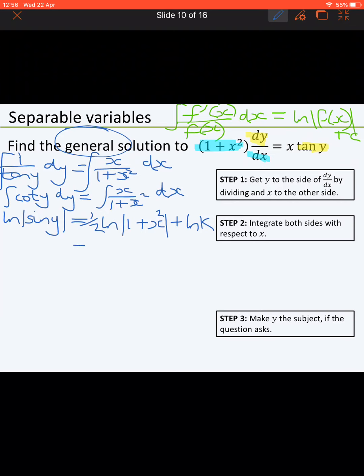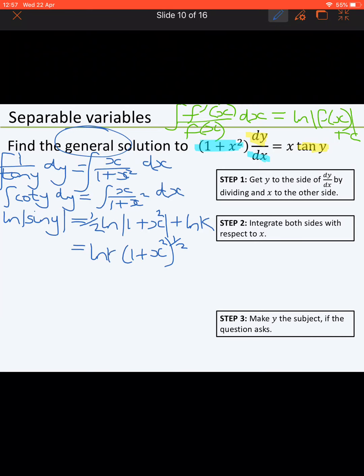So what I'm going to do is use my log rules, which mean that the half is going to become an indice. So it's going to go up there. It's one of your log rules. Then the other log rule is that when you've got two logs added together, you can make that log of the two things multiplied together.